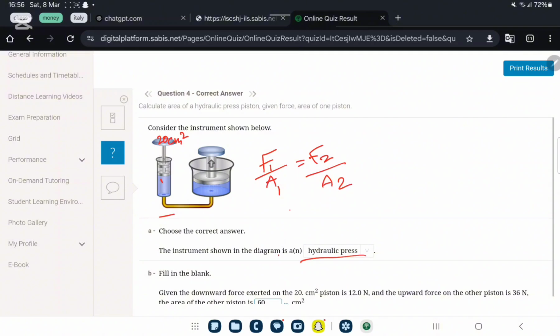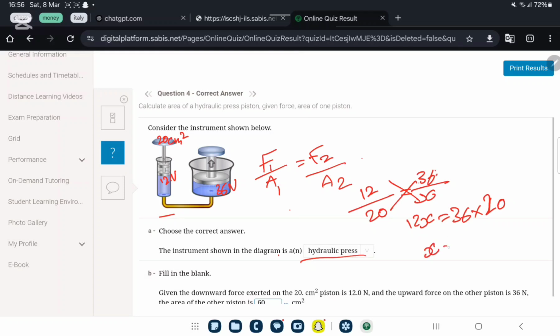The force is 12 newtons, and the upward force on the other one is 36 newtons. So they want the area, they want A2. So F1 is 12 over A1 is 20. F2 is 36 newtons, and A2 we're going to say X. Cross multiply, 12X equals 36 times 20.